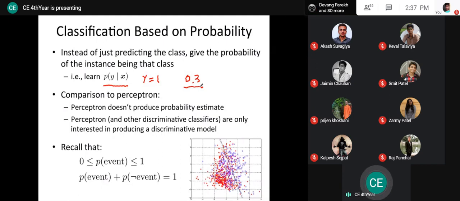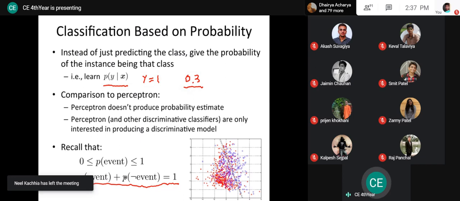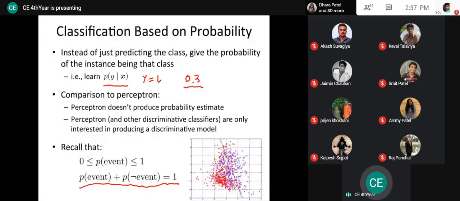Fine. And we know that it's just probability, so the summation of p of event and p of not event would be 1. So in our case, probability of y is equals to 1 plus probability of y is equals to 0 will be 1. Fine. So what will be the probability of y is equals to 0 in this particular discussion?